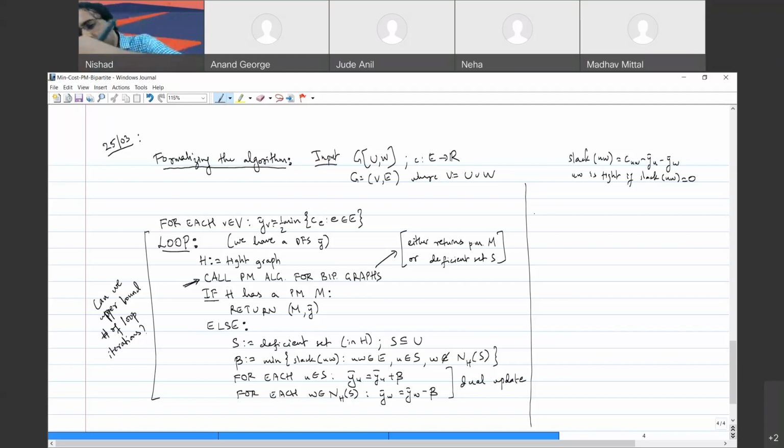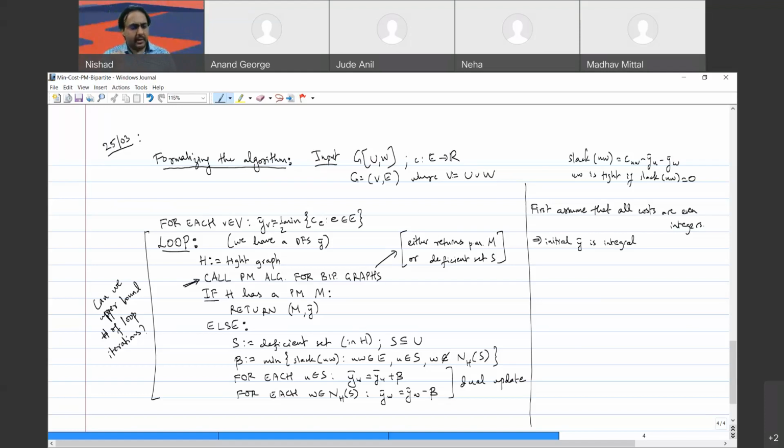So let us first assume that all costs are even integers, just for the sake of simplicity. If all the costs are even integers, then the first dual feasible solution is integral. This implies that initial y bar is integral.